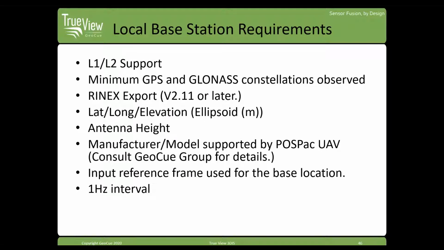Also, if you have a base station you're not sure of, you can contact us with the model. We can check with Applanix and make sure that's supported. Most of the major ones like Trimble, Topcon, Leica are supported, as are all the major antenna manufacturers.